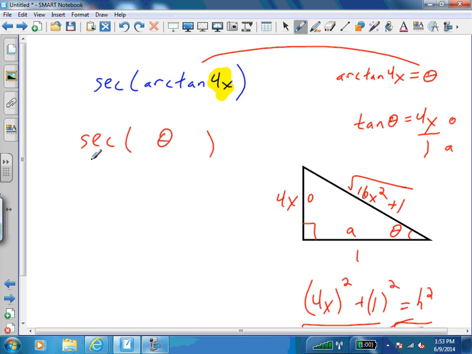Let's see, secant is the reciprocal of what? Cosine. Cosine is adjacent over hypotenuse. So this would be hypotenuse over adjacent. Is that right? Cosine, adjacent over hypotenuse, so this is the reciprocal. So the hypotenuse of this triangle is this. The adjacent side to theta is 1.